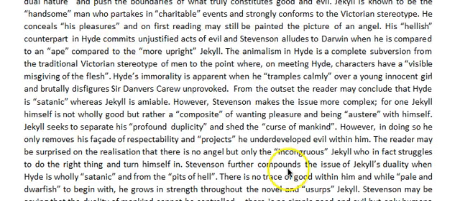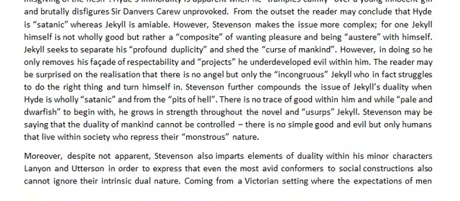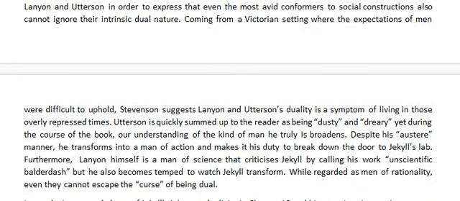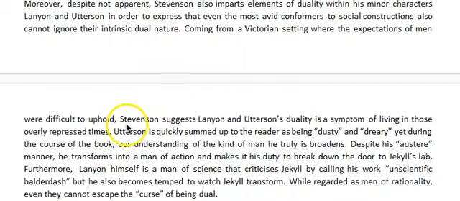The time that was taken to use all of these quotations in this paragraph, which really wasn't necessary, could have been a more concise paragraph and still made the same great points on analysis, and could have been used to further explore this very sophisticated idea about Lanyon and Utterson, which is slightly rushed, I think. It's a sophisticated idea. It needs to be explored.